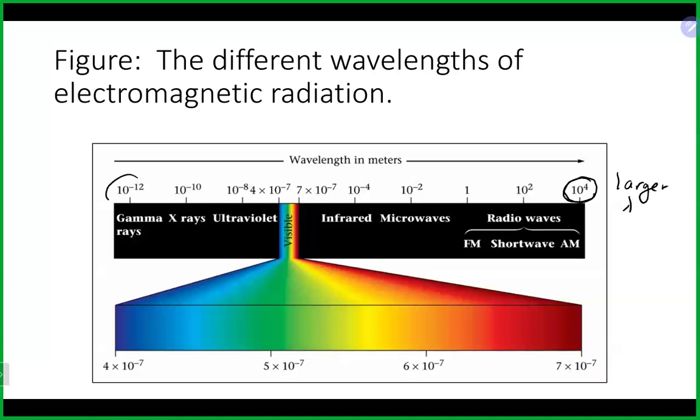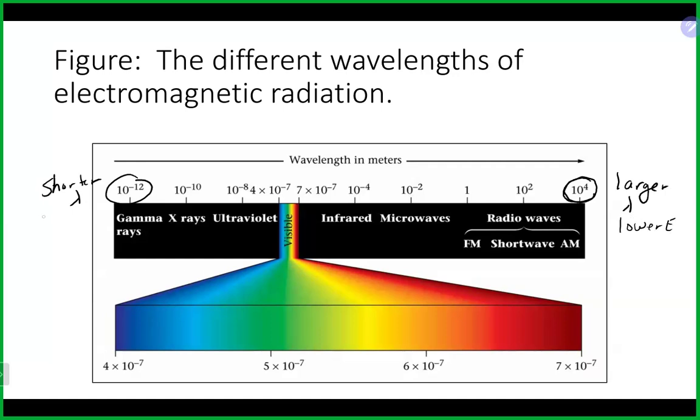On the other side, that is 10 to the minus 12, a much smaller or shorter wavelength. So remember our relationship between wavelength, frequency, and energy. On the right-hand side, we have a larger wavelength, which means we have lower energy.